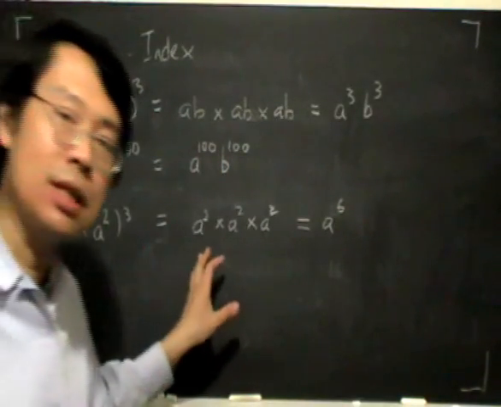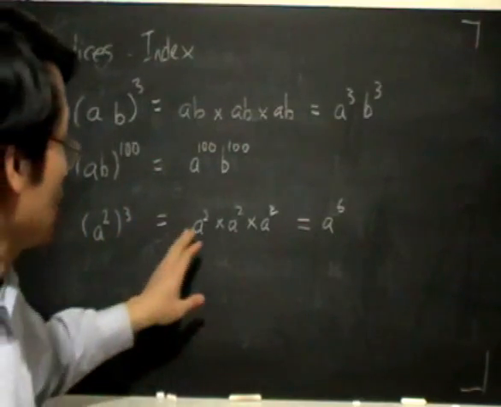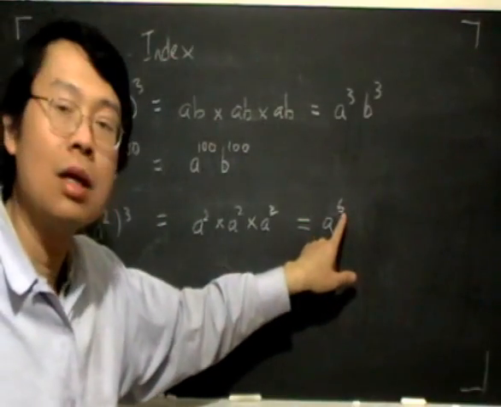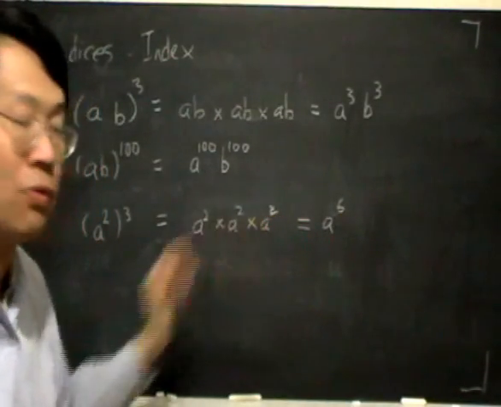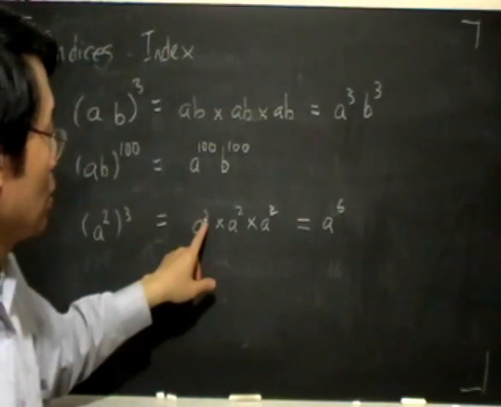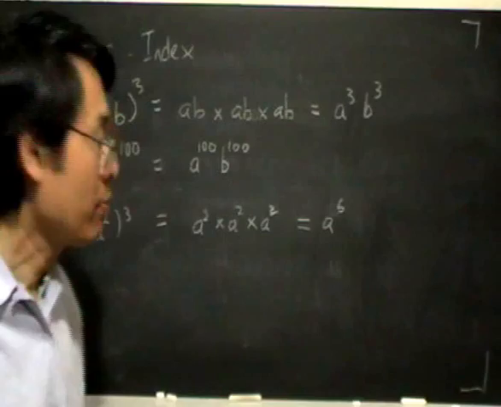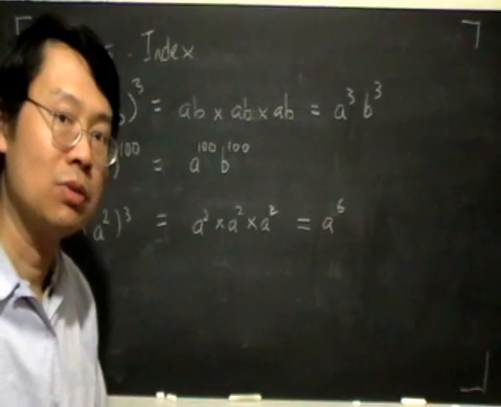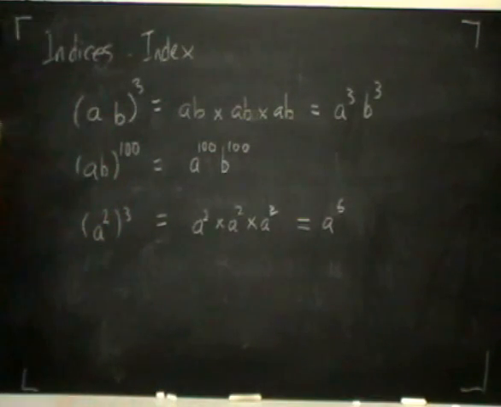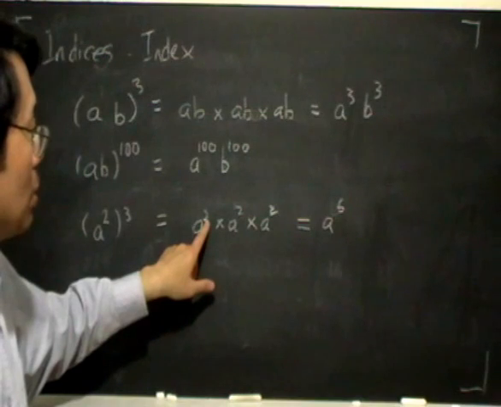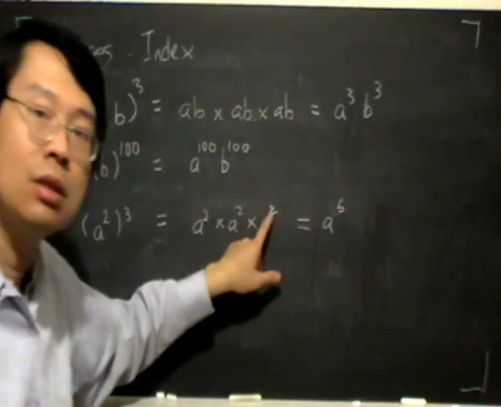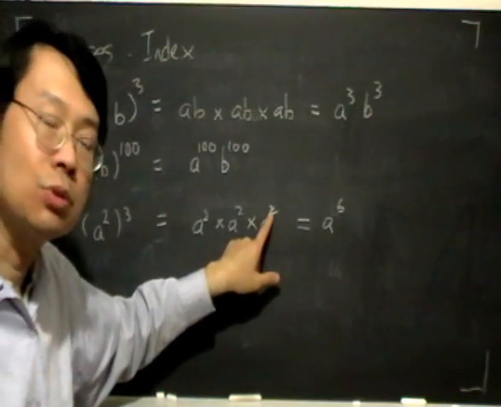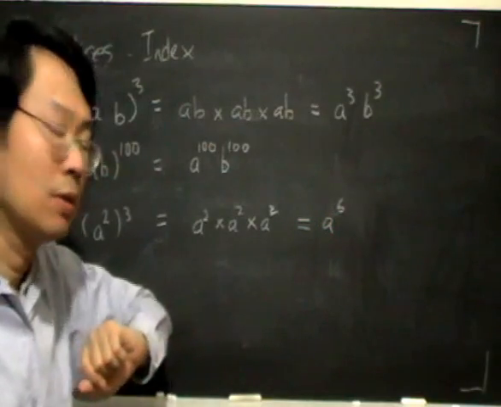So what I've just done is simply count the number of factors of A that I have here, and 6 is just the number of factors of A. Instead of counting it this way, I can simply add up the powers of 2. Or we can do it even more quickly if we notice that there are 3 powers of 2. So all I need is to do 3 times 2, and I'll also get the 6.